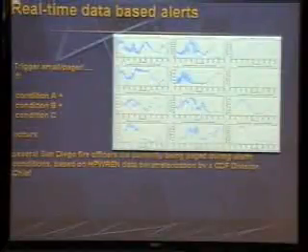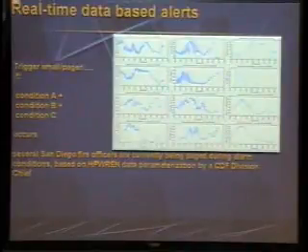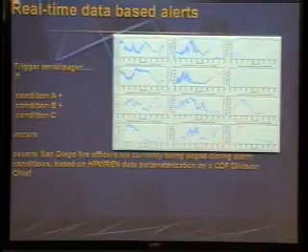So real-time database alerts. This is for the California Fire Department. The idea is you have all these weather sensors placed on all kinds of critical locations throughout the county. So can you actually trigger an alert when something of interest happens? If you have low humidity, high temperature, and a lot of wind, that would mean that chances for fire are pretty reasonable.